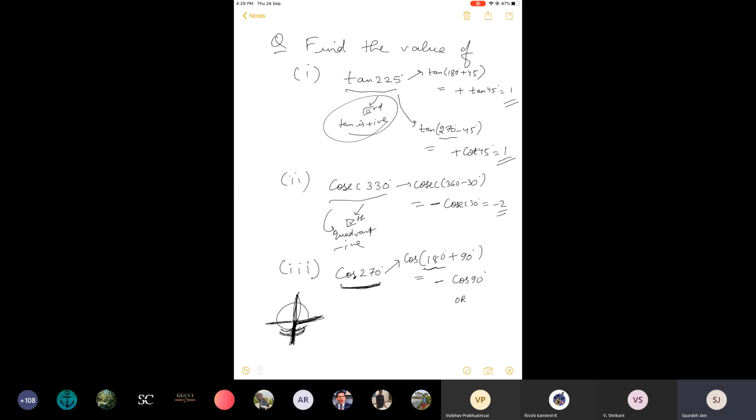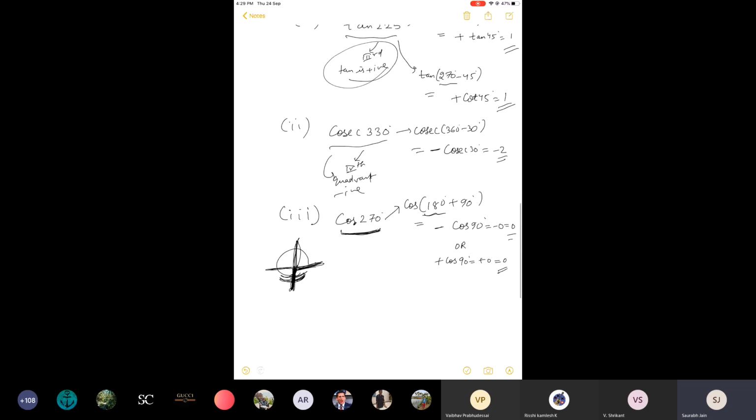You will always get the same answer. Do not get confused. If you take it in the fourth quadrant, then it will be positive. But why will we get the same answer? Because cos 90 degree itself is 0, and if in front of 0 you put a negative or positive sign, it doesn't matter. Final answer will be 0.